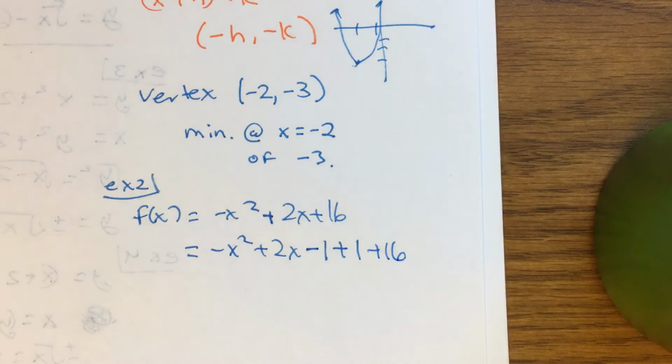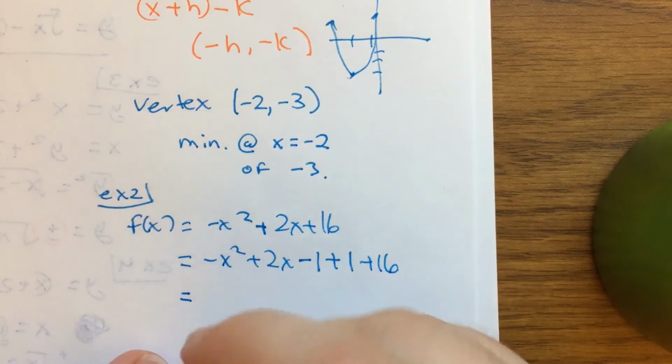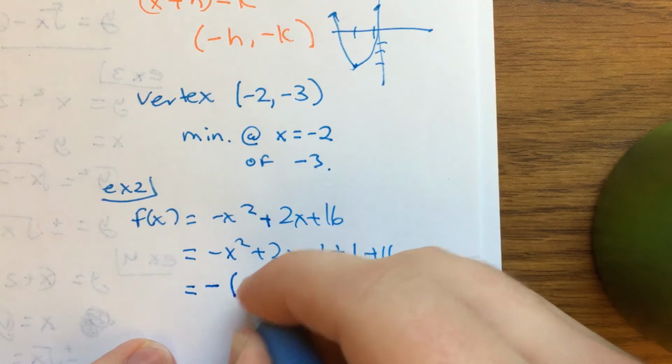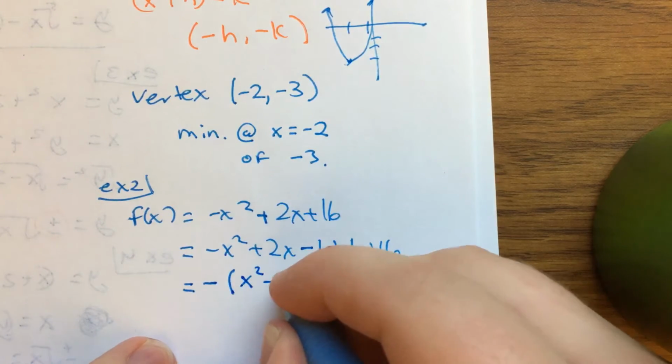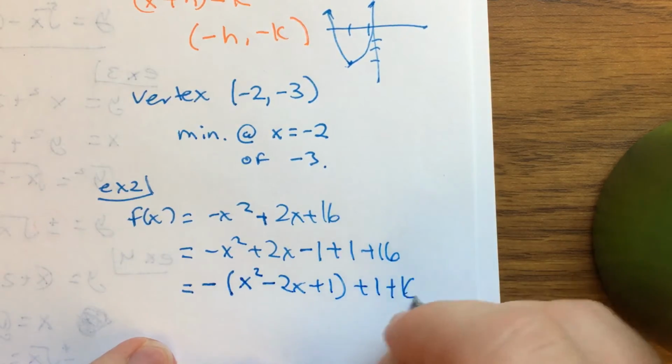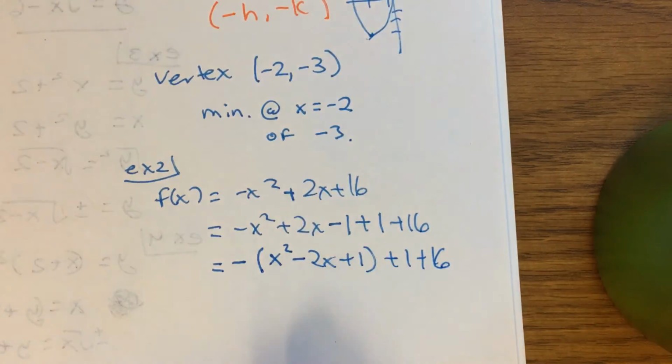Okay, so this one's going to be a bit trickier to factor. Let's do this first though, and I promise this will make sense. We're going to take out the negative sign here. Get x squared minus 2x plus 1. Plus 1 plus 16.